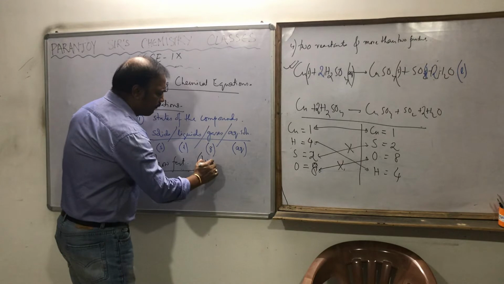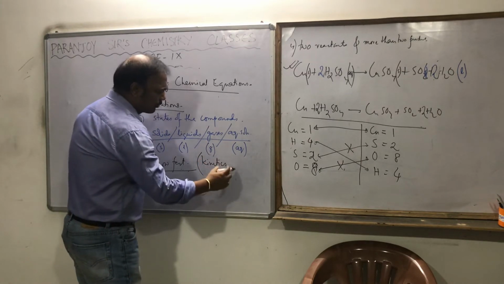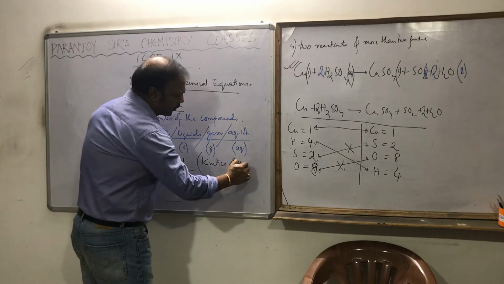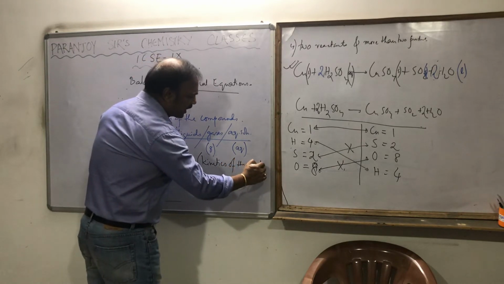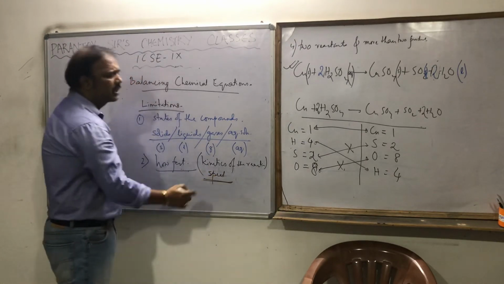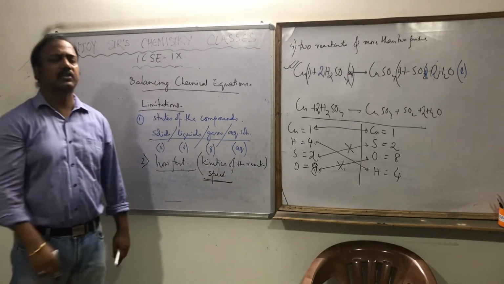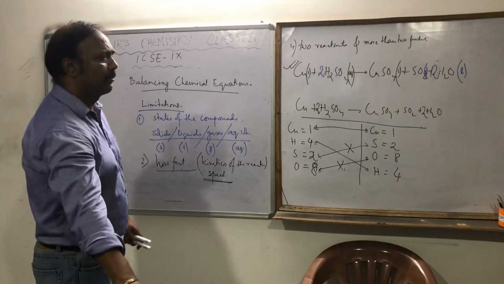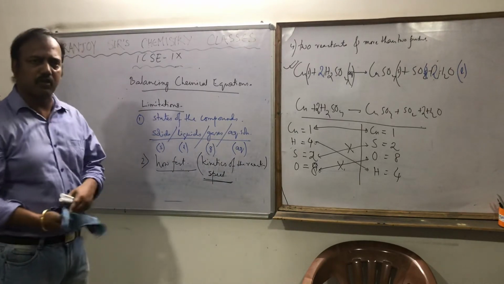As I told, when you grow up in class 11, 12, you are going to learn all these things. Kinetics means the speed of the reaction, and nothing about the speed of the reaction is told by the chemical equation.